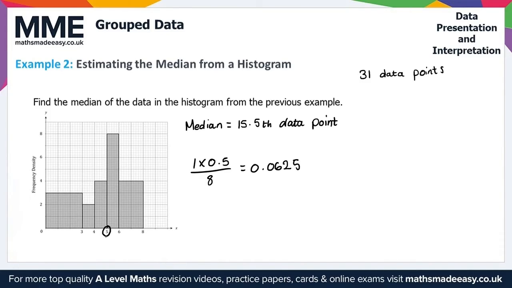Therefore, the median is simply equal to 5 plus 0.0625, which gives us a value of 5.0625. So the median is 5.0625, and that gives us the solution to example 2 on grouped data.